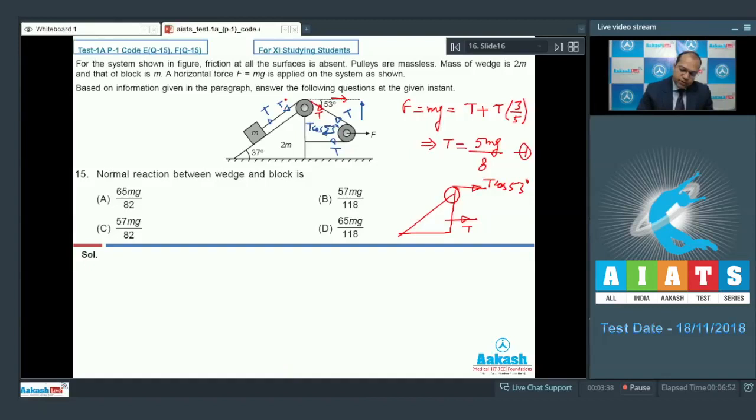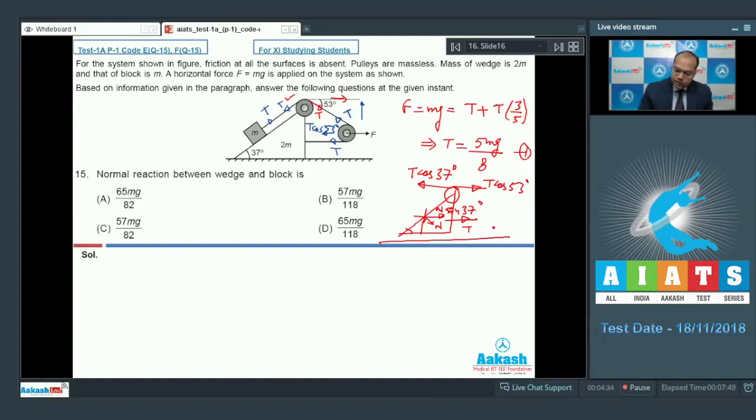Similarly, the component of this tension in this direction is T cos 37 degree. If I take the horizontal component of the normal, since this angle is 37 degree, the component in this direction comes out to be N sin 37 degree.